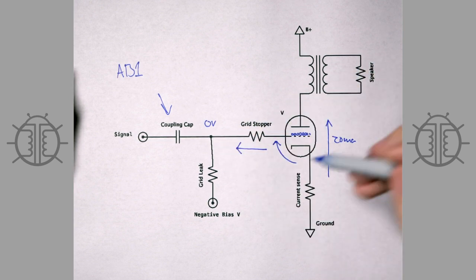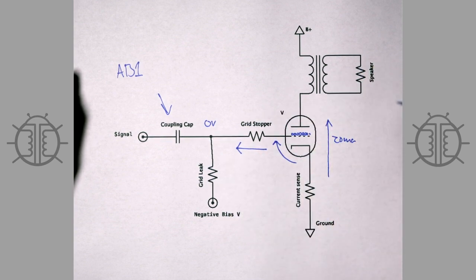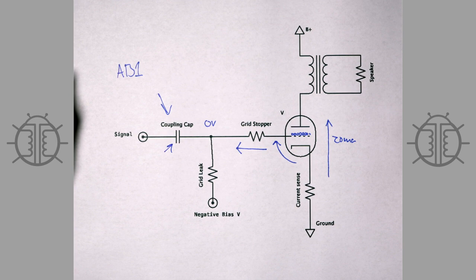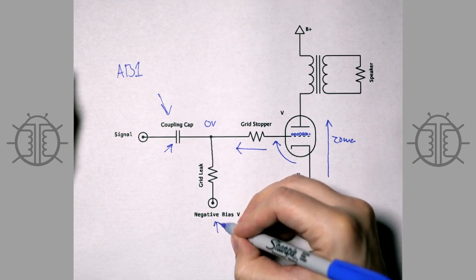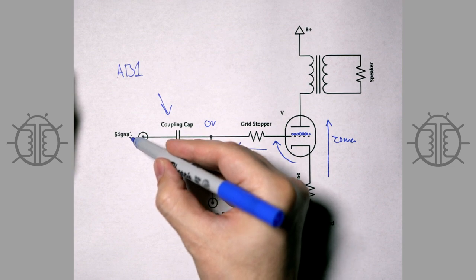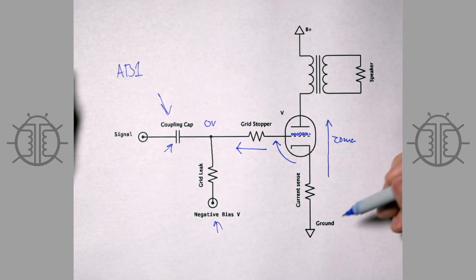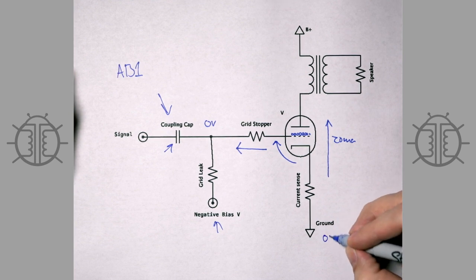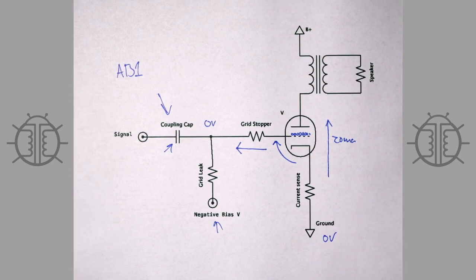That can happen if this fails, or if this voltage here is incorrect, or if the input signal swings more positive than 0 volts, which is ground. Okay, so we're going to simplify this to make it easier to look at, so I will switch to that now.